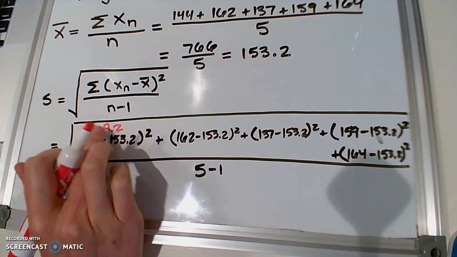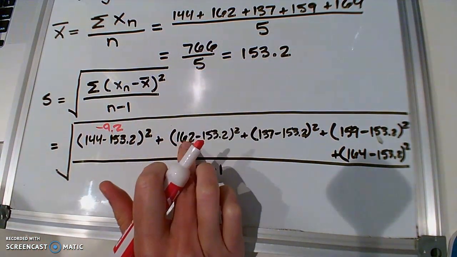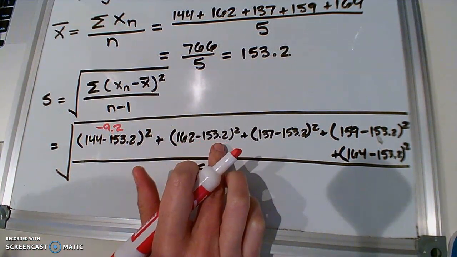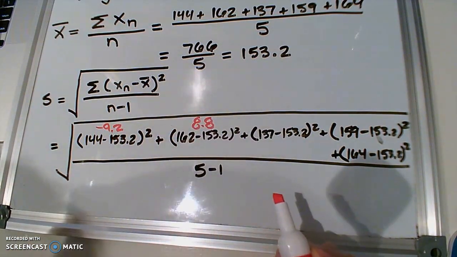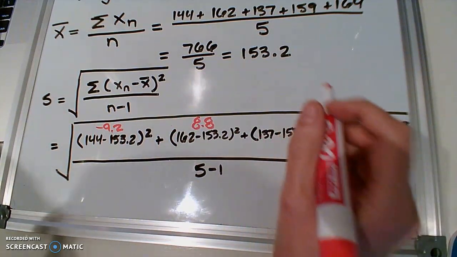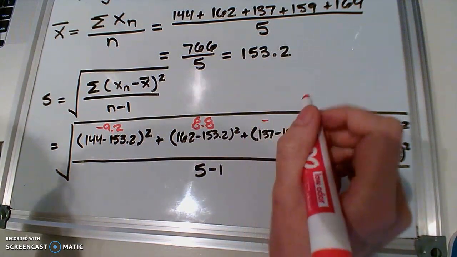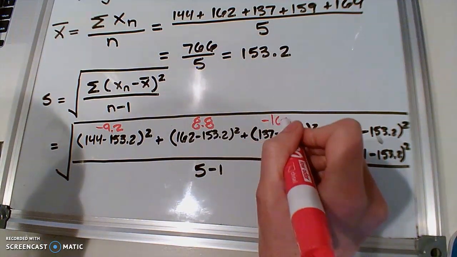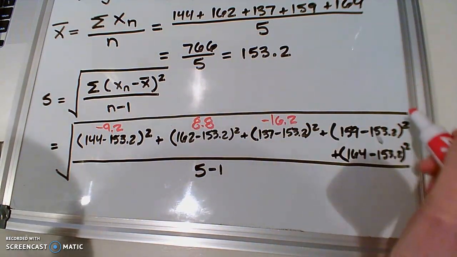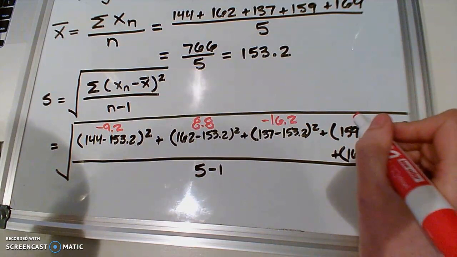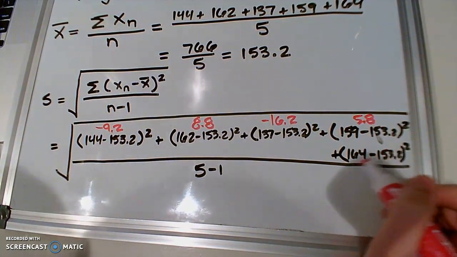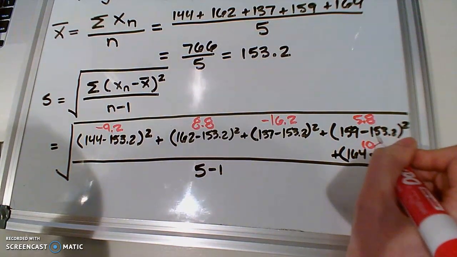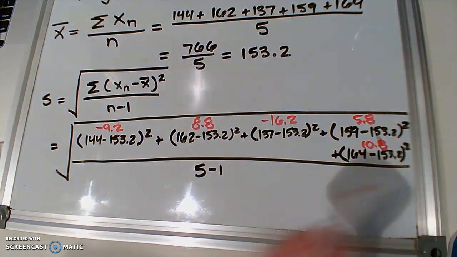So the square will get rid of the negative. 162 minus 153.2 equals 8.8. Have to square it. 137 minus 153.2, this is negative 16.2. We'll have to square that. This is 5.8. Don't forget to square it. And this one is 10.8. And again, we have to square it.